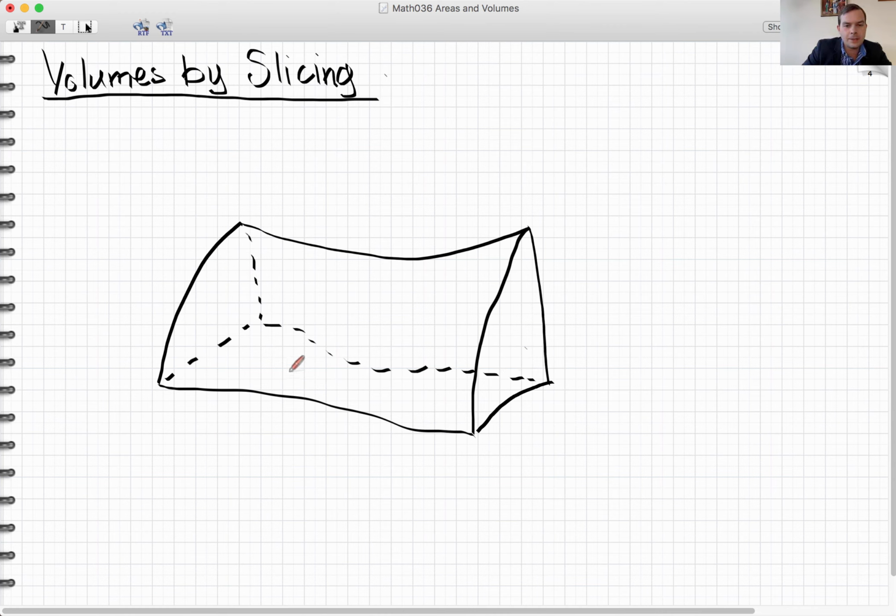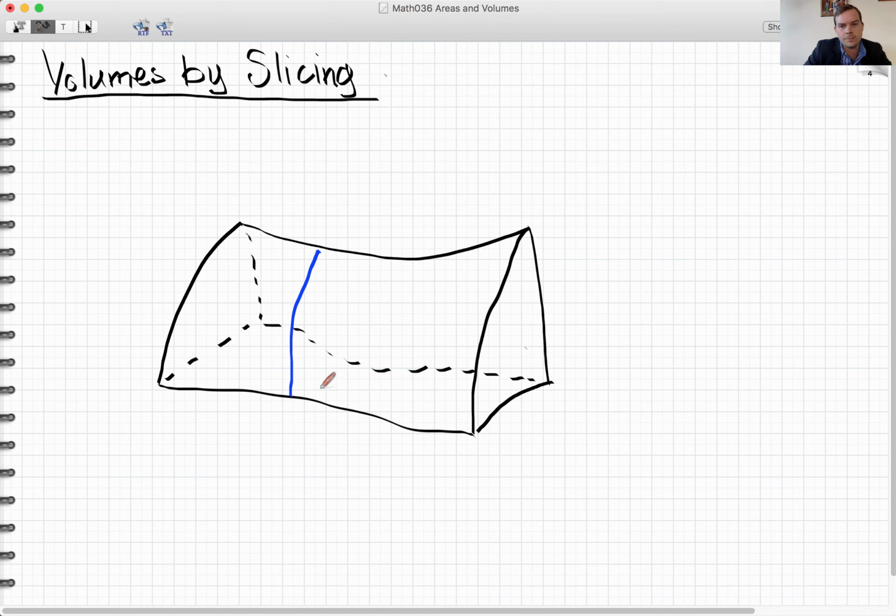The basic idea is that I'm going to take an infinitesimal slice, a very small slice of this region. So that's basically just a chunk, like I've cut it with a knife.